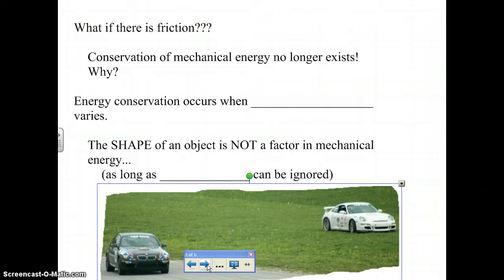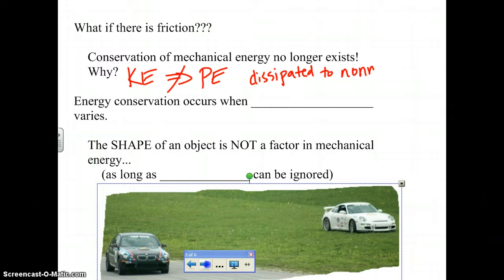So what if there is friction present in the system? Conservation of mechanical energy no longer exists because KE is not simply converted to PE. Okay, KE is not converted to PE. Some forms of energy are dissipated to non-mechanical energy.